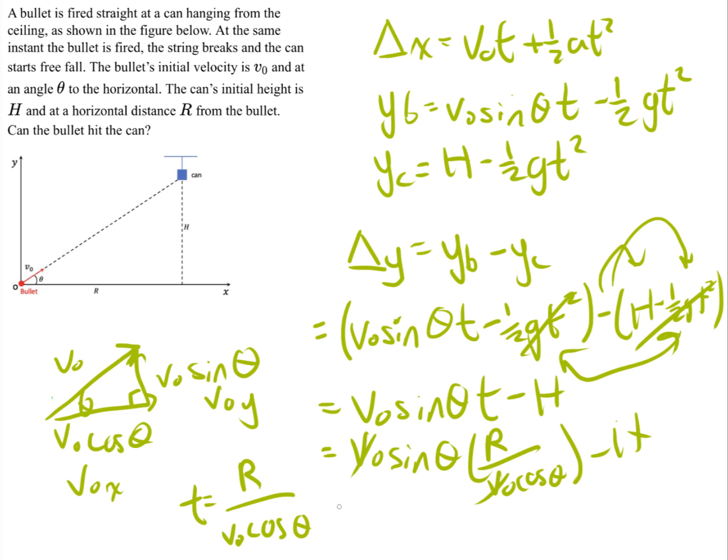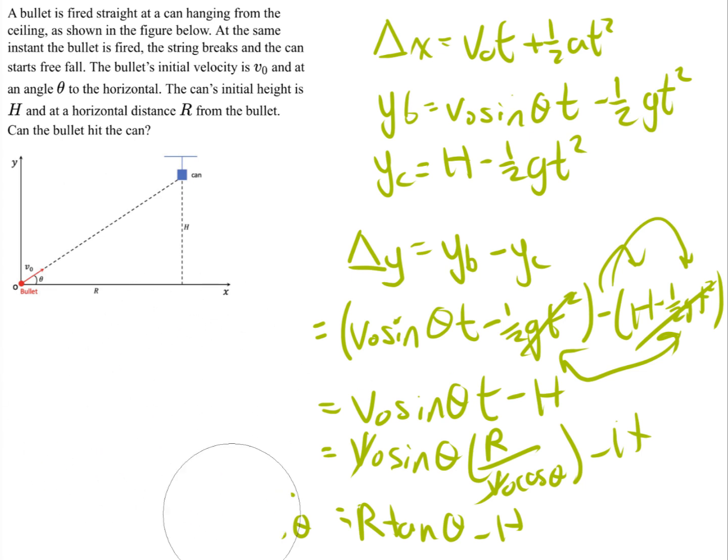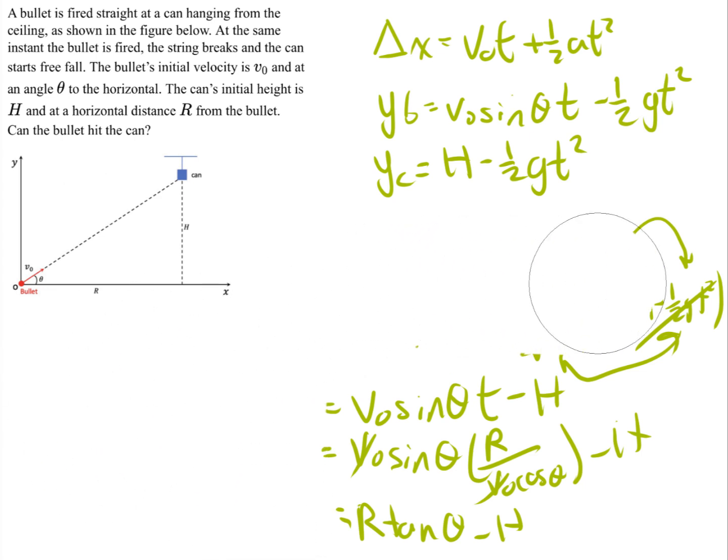So there's that. And if you multiply these two together, you'll get sine theta divided by cosine theta, which is simply the tangent of theta, minus h. So that is the difference in y between the two.